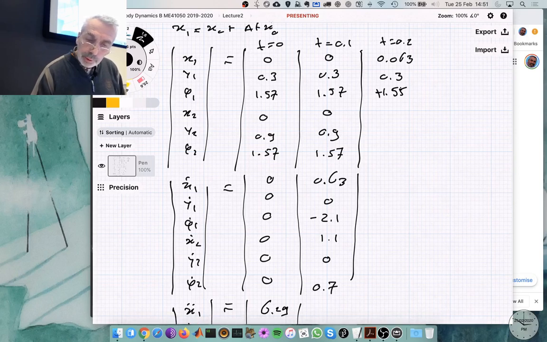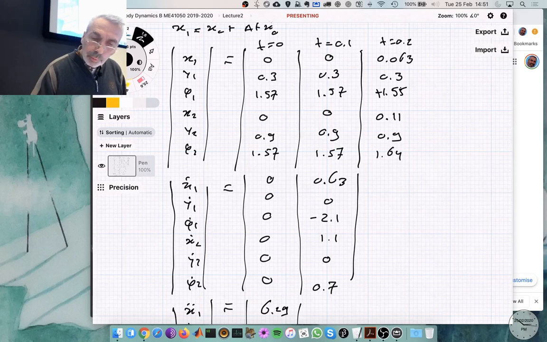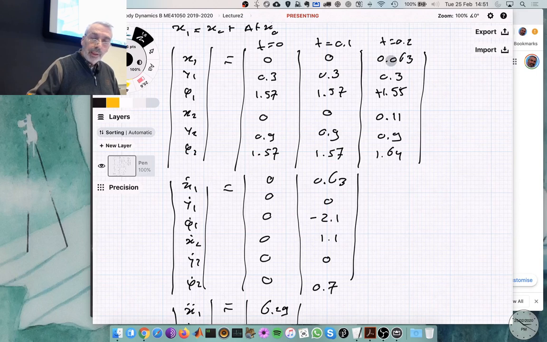This becomes 0.11. This remains the same. And this increases a little bit with 1.64, something like that. So we now found a position which is a little bit changed from the previous one.